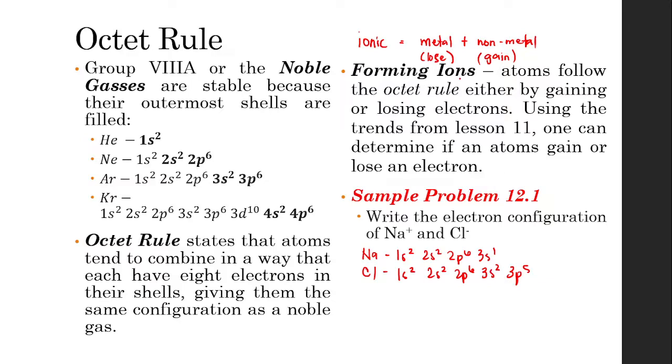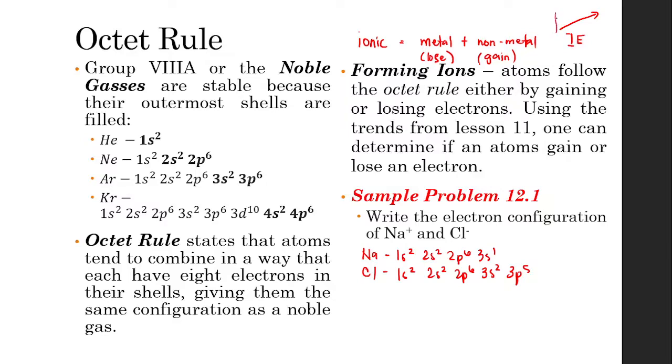What other trends can support this idea? If we look at the IE, or ionization energy: remember that ionization energy is the energy needed in order to remove an electron. The ionization energy trend goes this way, meaning the more you go towards the right and higher up, the higher the ionization energy, meaning the more difficult it is to remove an electron.